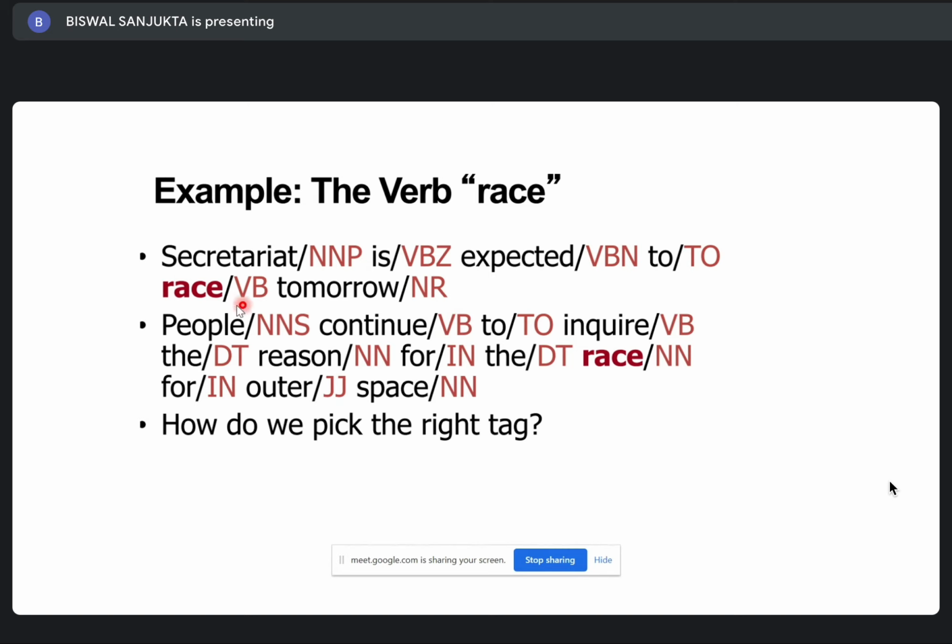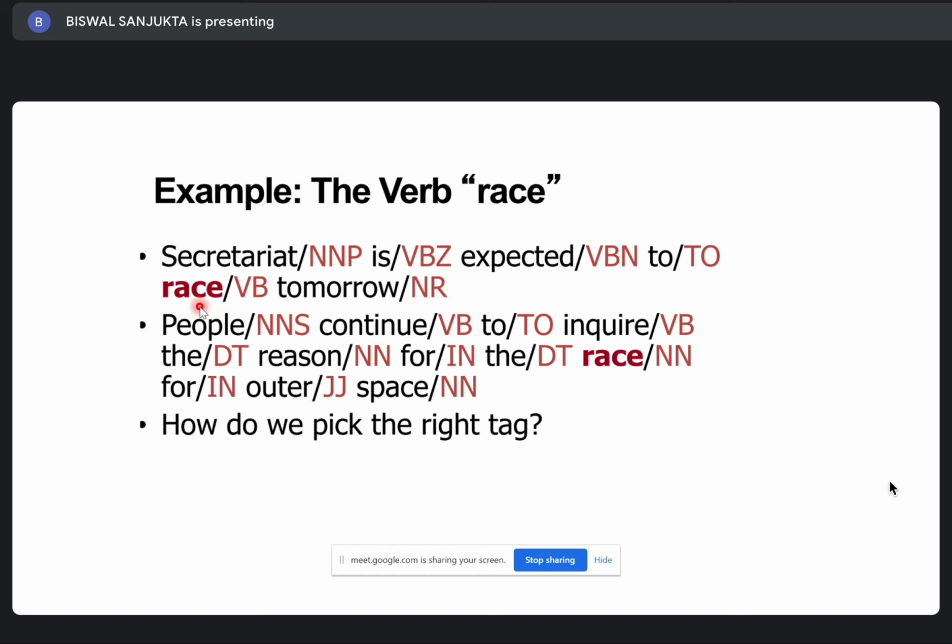Since there is ambiguity about whether this race will be a noun or a verb, we want to see what the right tag for the whole sequence should be. We already know that for these words there is no problem, but this is the word where everything depends. To find the complete sequence, I need to also know the tag for race.